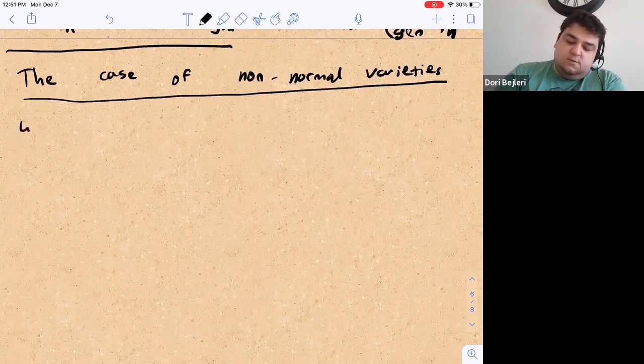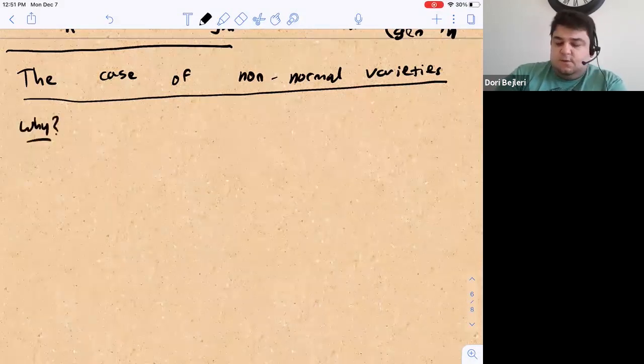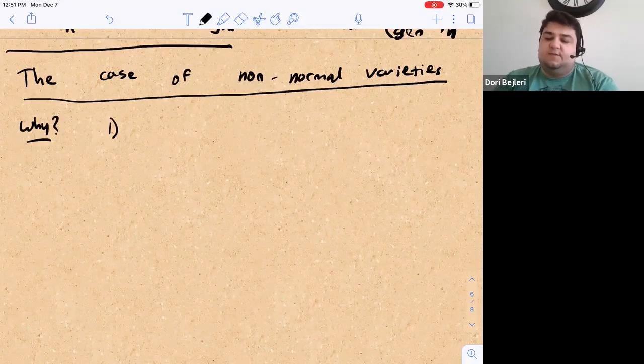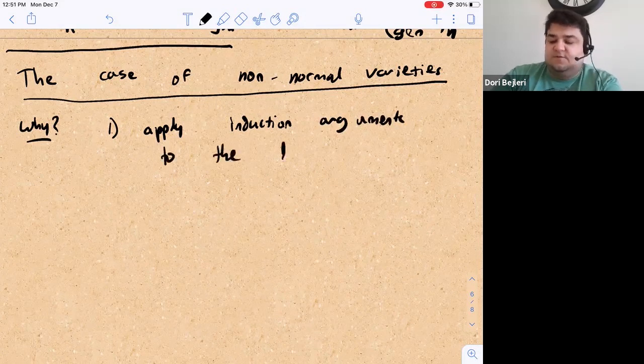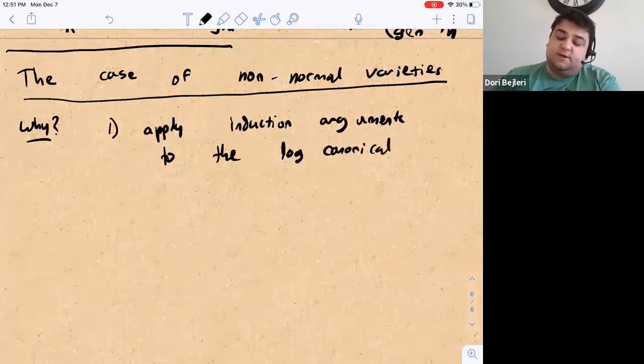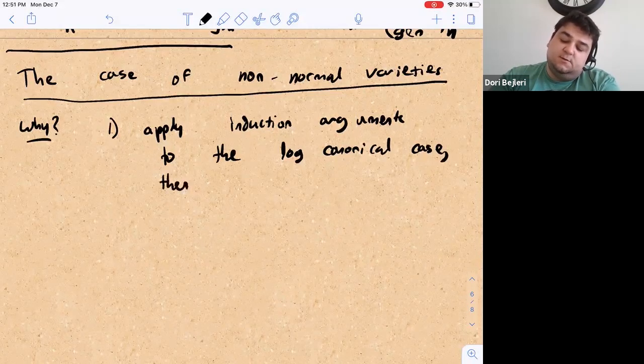So reason one, if you want to apply these types of inductive arguments where we have this divisor S with coefficient 1, and we use induction and adjunction to actually prove something about our ambient variety, if we want to apply this to the log canonical case, where basically all the results of the minimal model program are still completely open, but are conjectured to be true, then you need to work with non-normal varieties.